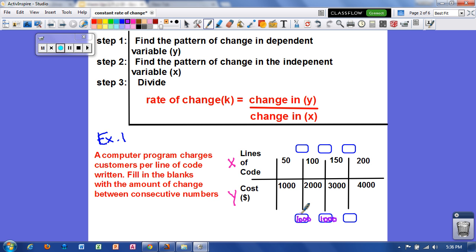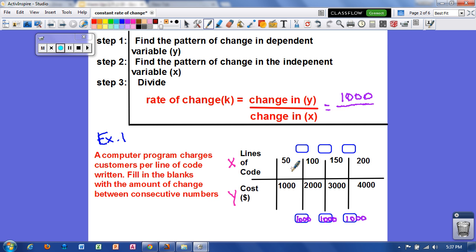And specifically, we are increasing by 1,000. Now if we go from 3,000 to 4,000, we are again increasing by 1,000. So our change in y would be 1,000.